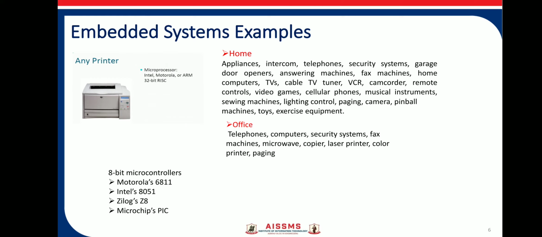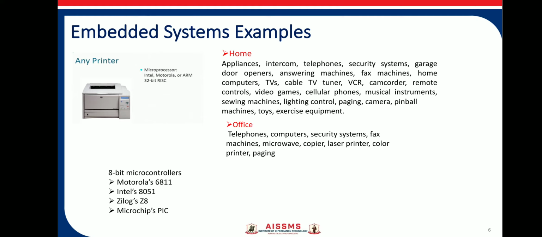These are a few examples of embedded systems for home appliances and offices, applications we can see and which are useful to us in daily life. For example, home appliances are the intercom, telephone, security system and many more.